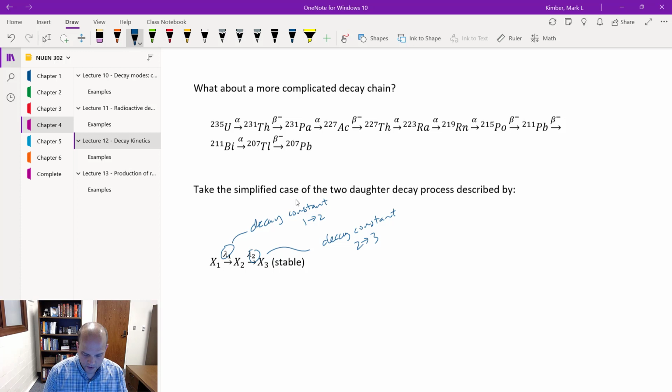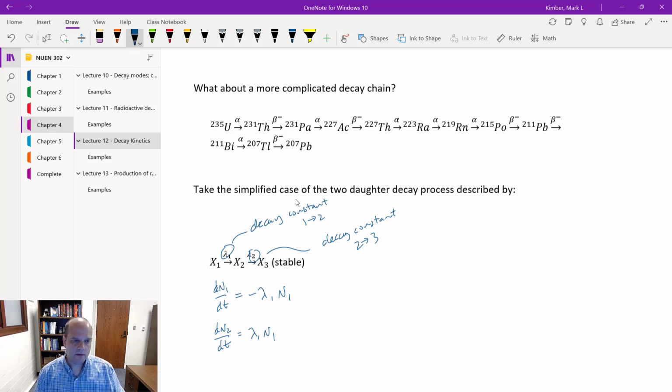And so I'm going to start out just like I did before. I've got the time rate of change of isotope 1, and I ask myself, okay, where is that going? It's decaying down to isotope number 2, so this is just the same as it was before. Nothing's different there. And now let's look at our second one. I have what is being gained from the parent, lambda 1 N1.